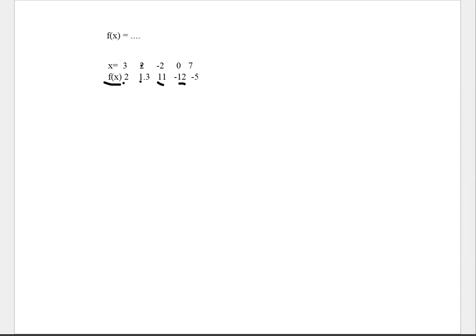Can you tell me which of these 5 individuals or 5 solutions is the best here? 3, 2, -2, 0, or 7?